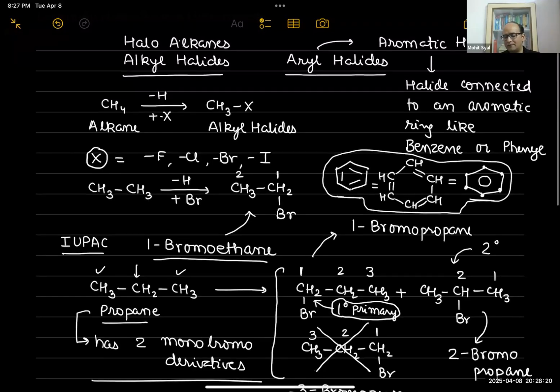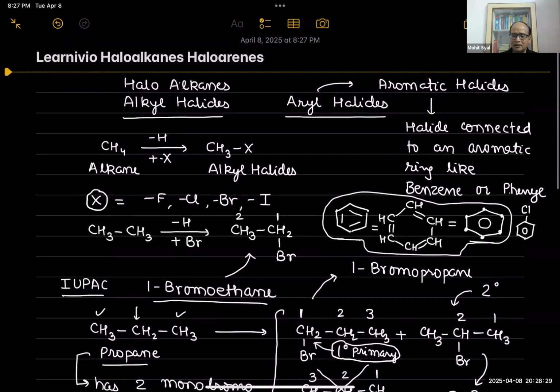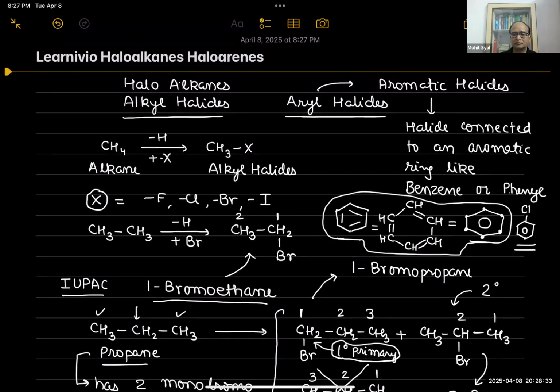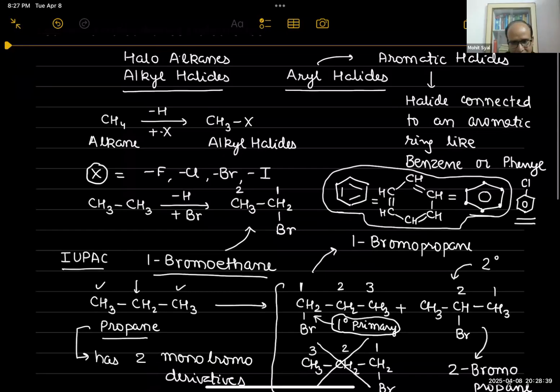Okay. So if I put Cl, this is an example of, I hope everybody can see this, chlorobenzene. Yes, sir. Chlorobenzene. You can write the name.